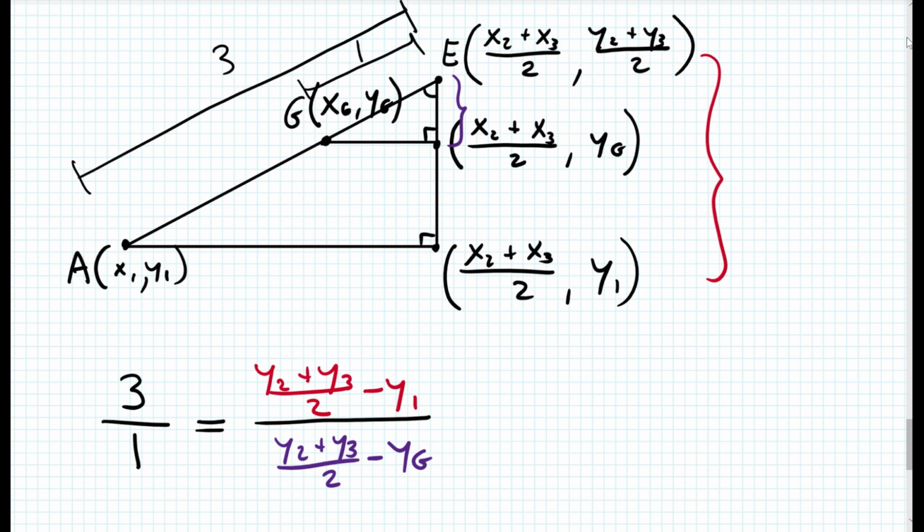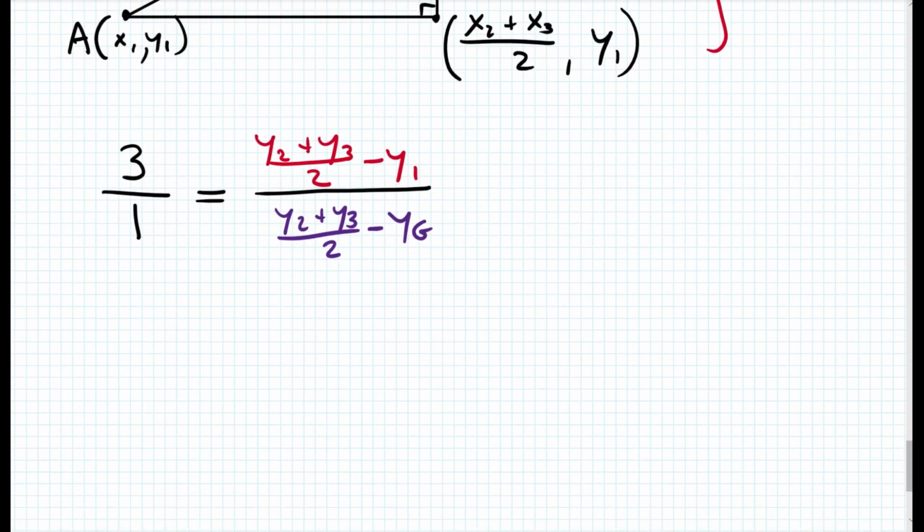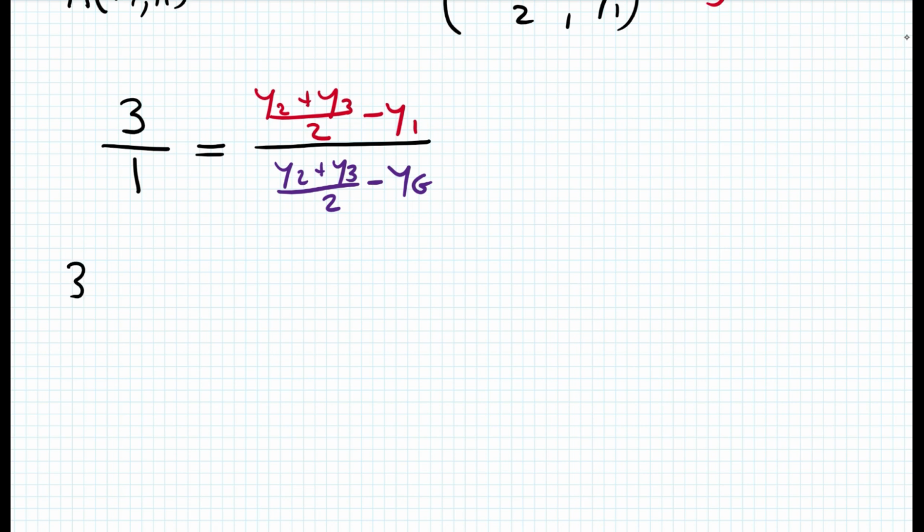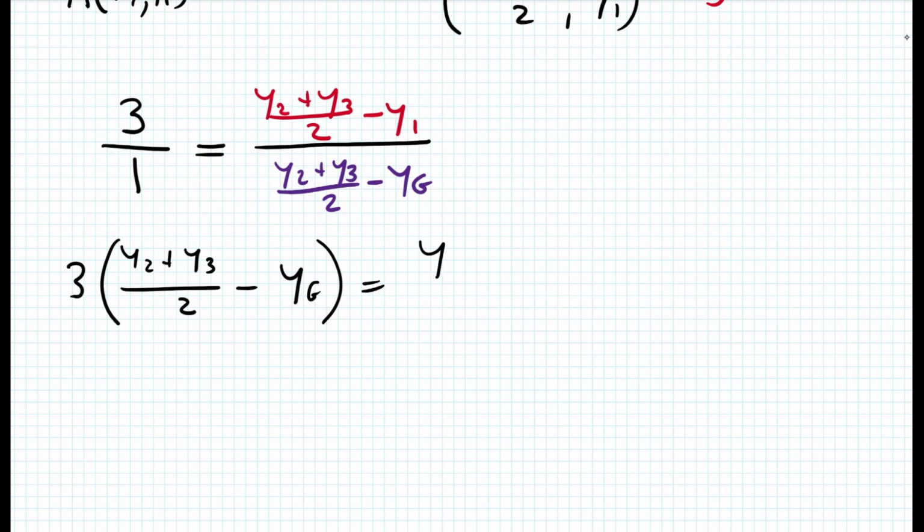So what we can do first, let's multiply the denominator on both sides. So here we end up with 3 times, and here we have y2 plus y3 over 2 minus yg, and that is equal to, and let's actually find the common denominator again. So we have y2 plus y3 minus 2y1, and the whole thing over 2, okay?